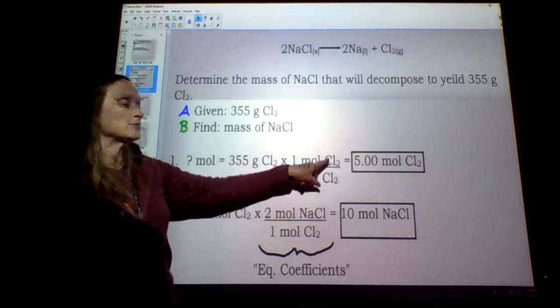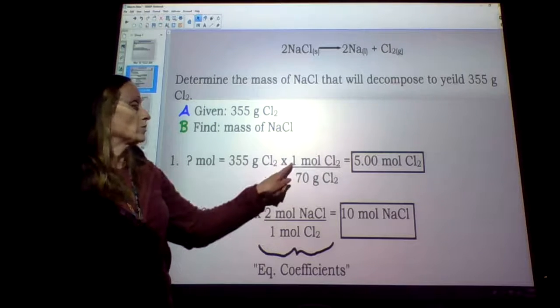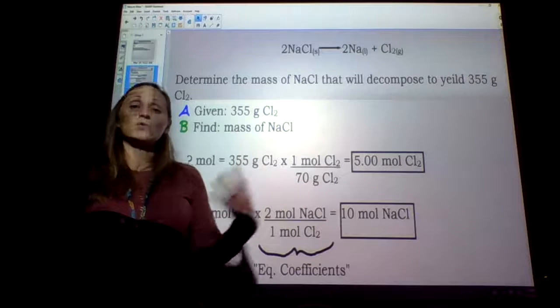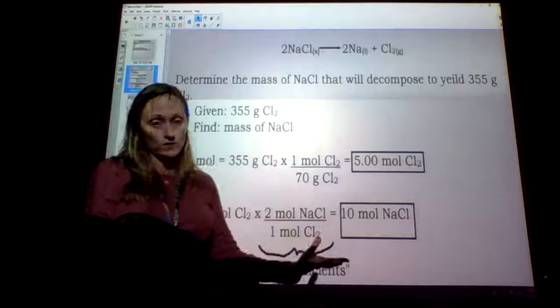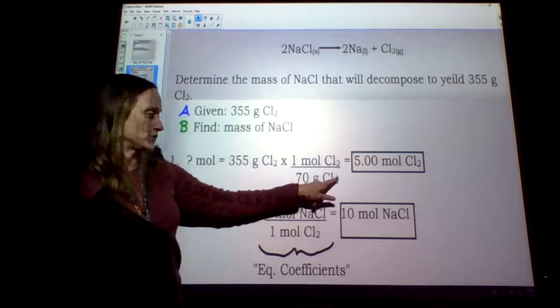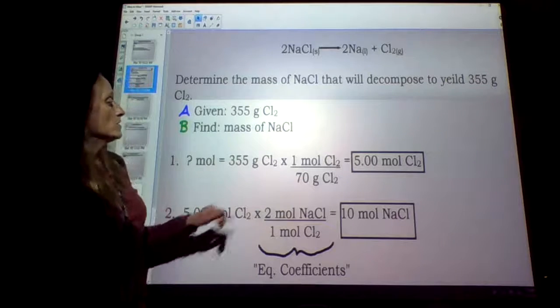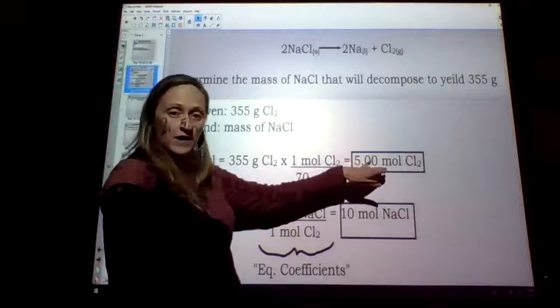So since the substances are the same within our equality, we will put a 1 right here. Where did the 70 come from? Again, we went to our periodic table, we found the mass of chlorine, and we rounded it to 35. We have 2 chlorine, so 35 times 2 gives us 70 grams. So 355 times 1 divided by 70 is 5 moles.